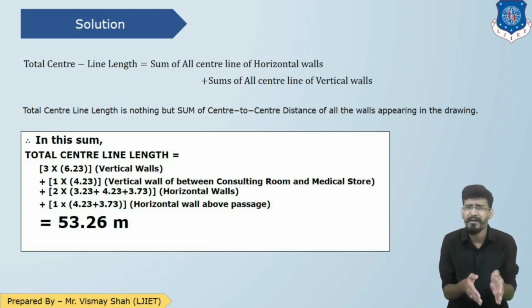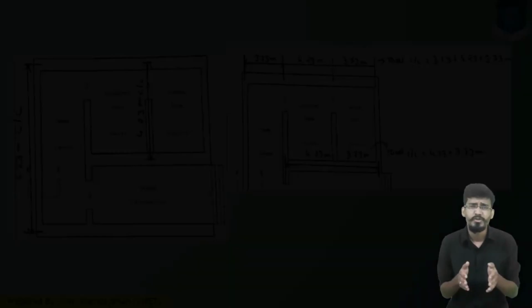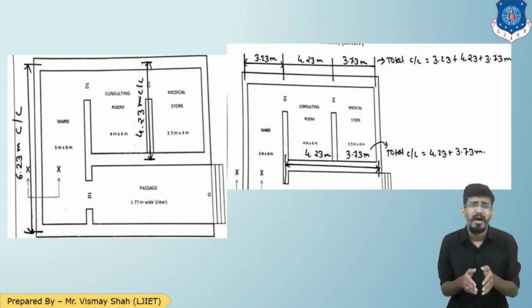So in our case, let us look at the vertical direction. As you can see in the drawing, the first is the ward. For the ward, the vertical dimension of the wall is 6 meter. Now this is in inner dimension. We have the wall thickness 230 mm or 0.23 meter, and this wall thickness is the same for all the walls appearing in the drawing.